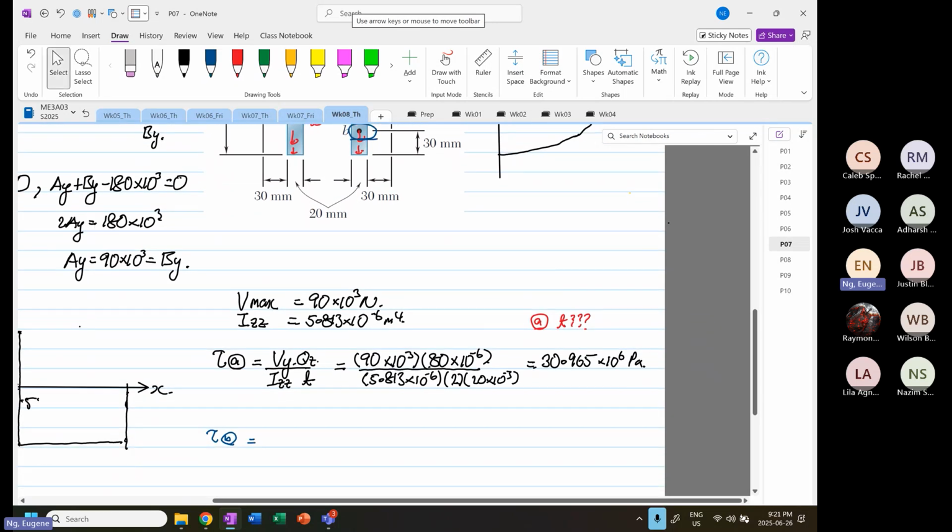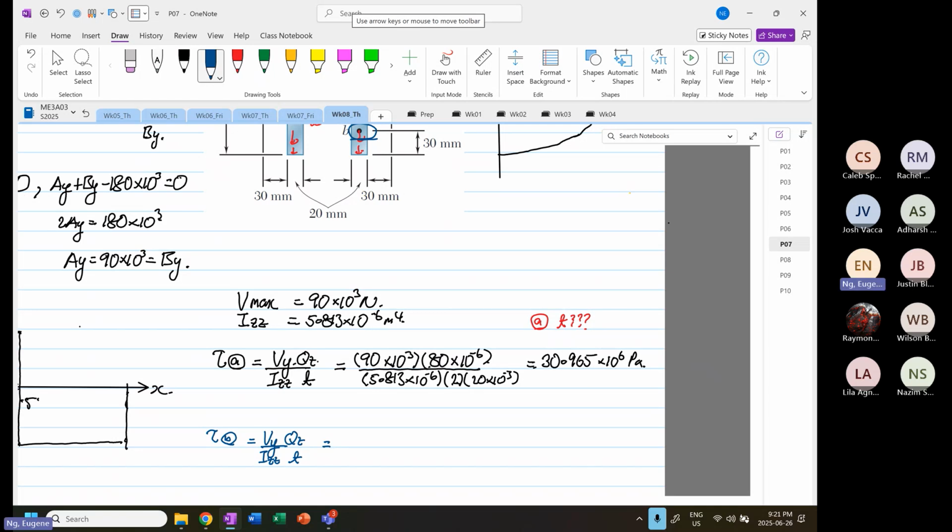That's our point B. So we have Vy over Izz, Qz over T. Remember rule number one: V and I are constant, i.e., regardless of the position you're interested in, Vy over Izz is always constant. So again, you put this down as 90 times 10 to the power 3, divided by 5.813 times 10 to the power minus 6.